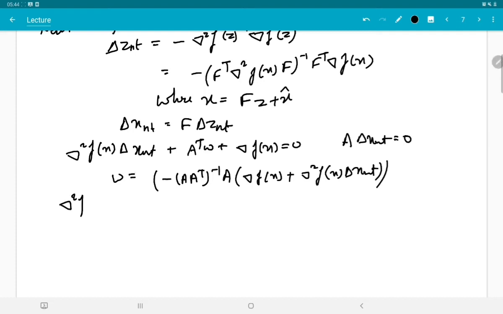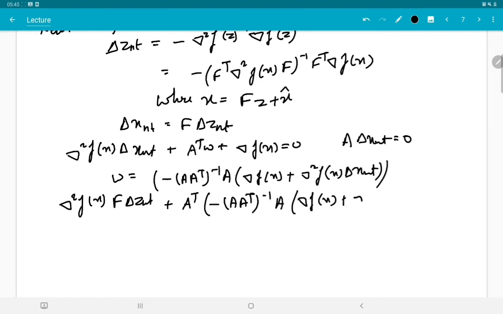We have del square f(x) F delta z_nt plus A transpose w plus del f(x).